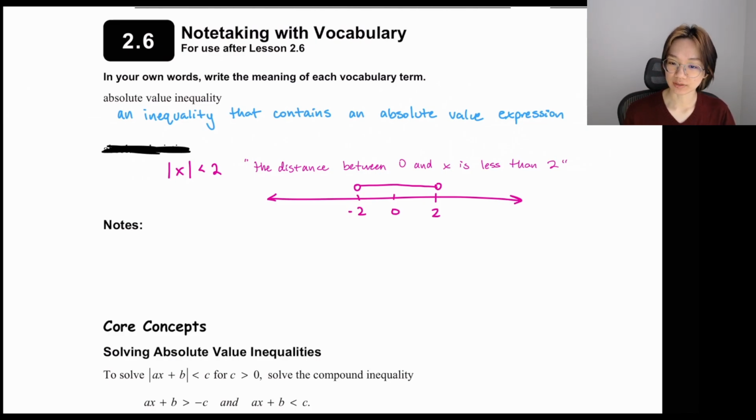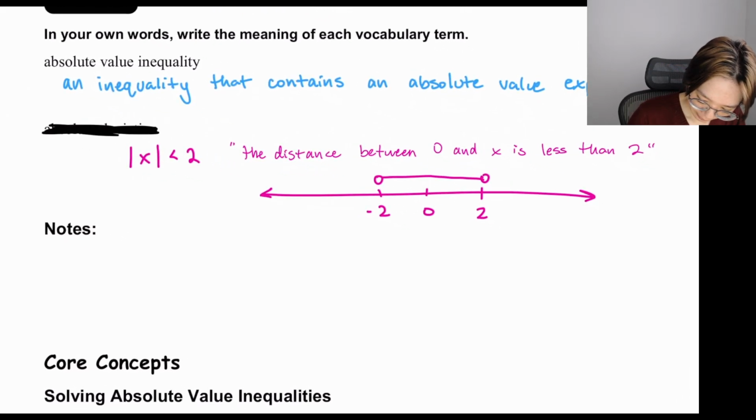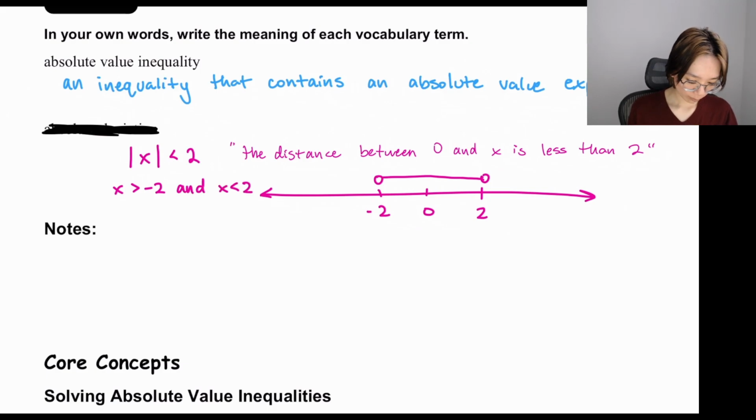But it's less than 2. The distance is less than 2. If you wanted to turn that into a compound inequality, like the previous lesson, we have x is greater than negative 2 and x is less than 2. Or alternatively, negative 2 is less than x and x is less than 2.